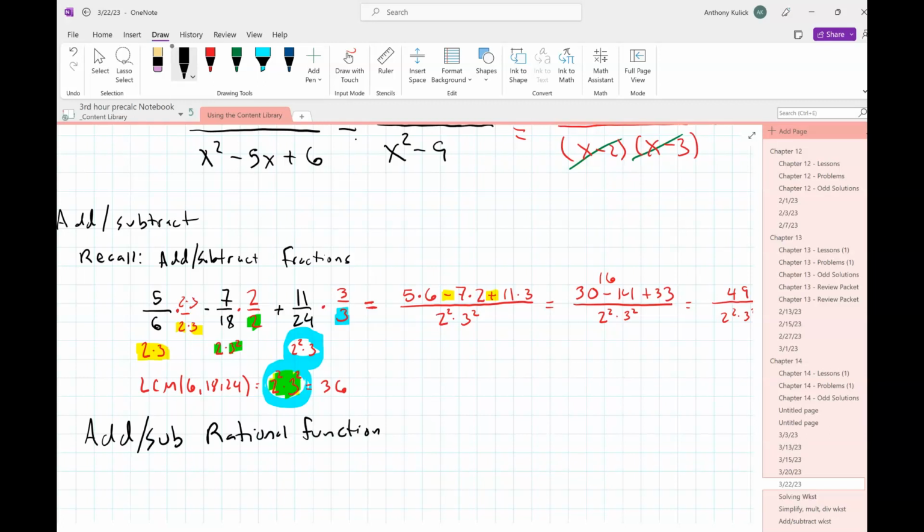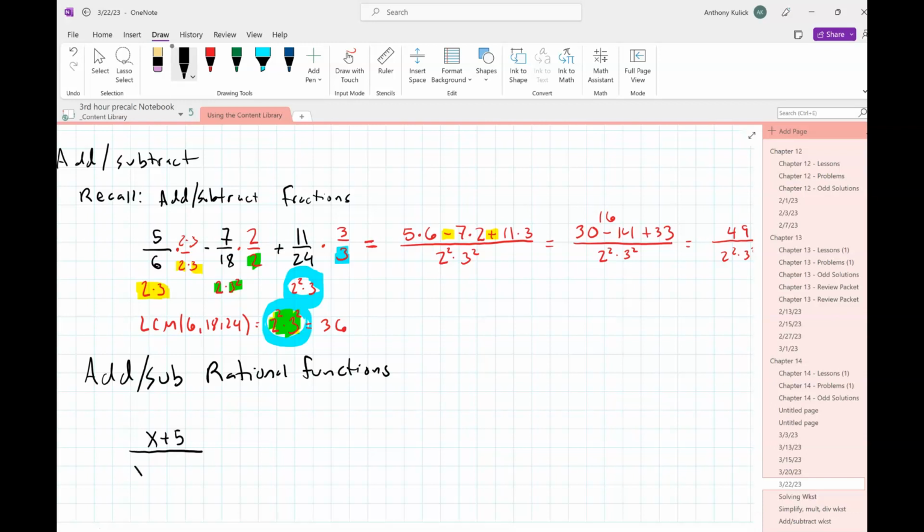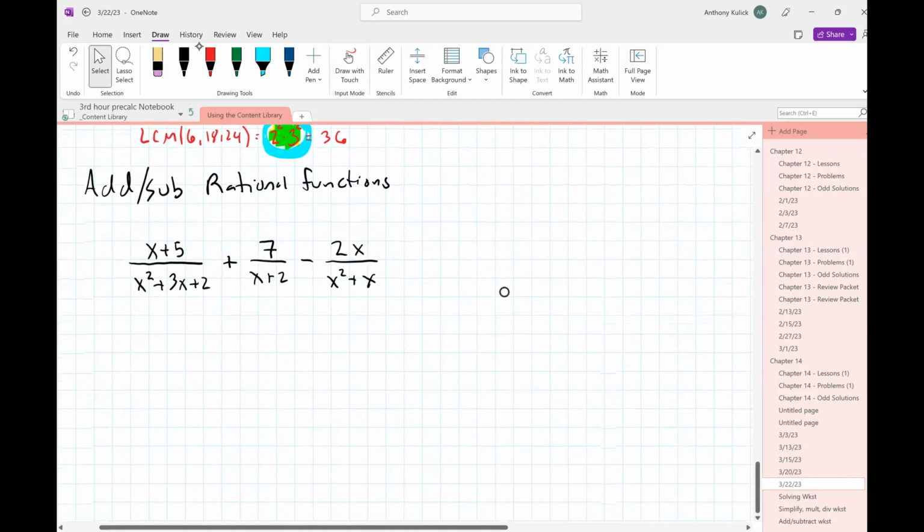So let's do a quick example or two here. Okay, so let's say we have an addition and subtraction problem like this.